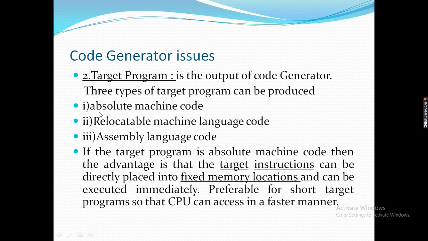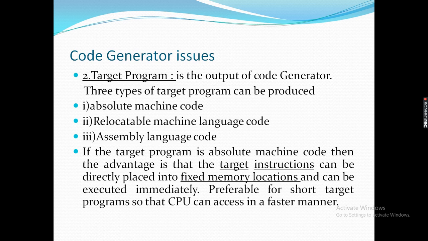So in absolute machine code, for every instruction the address is specified. For every instruction, the memory location to which it is to be loaded is specified. So they are loaded into fixed memory locations, and once loaded, there is no scope for relocation.